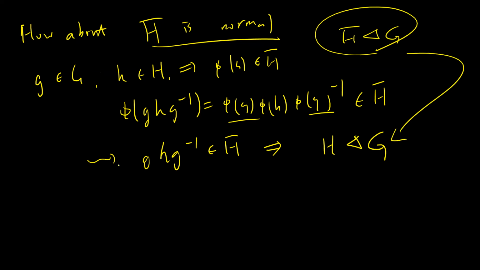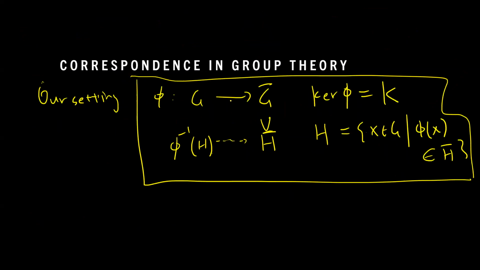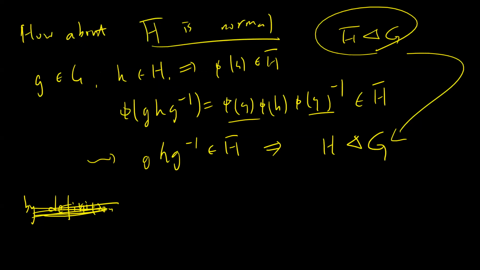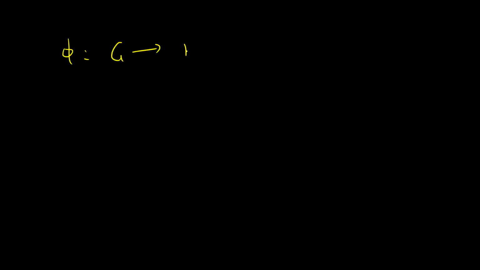Okay, now let's see. In the previous setting, H bar was just some subgroup, but now we restrict phi to H, whose image is H bar.